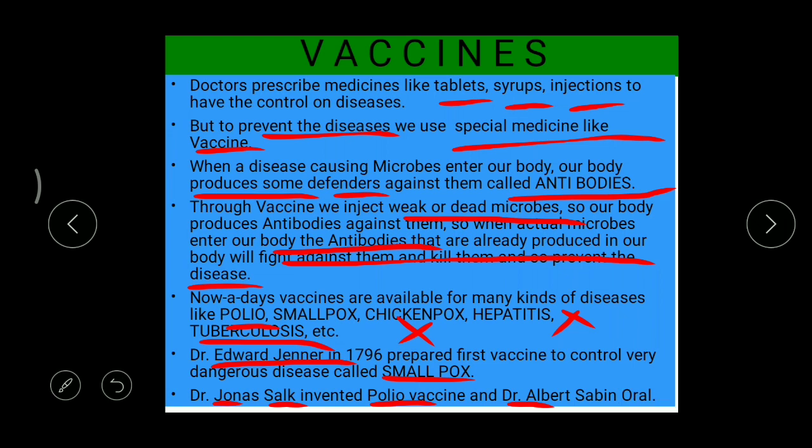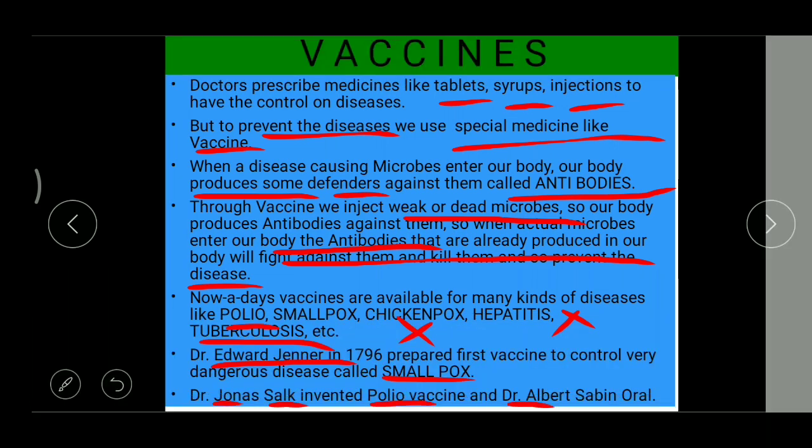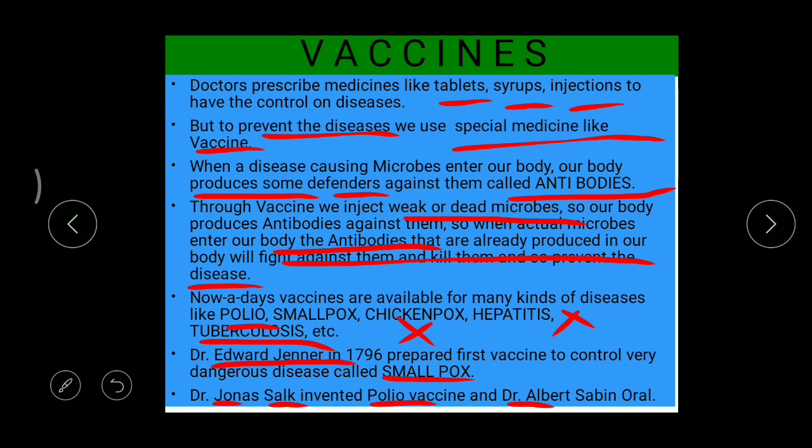Oral means what? Through mouth. As it is given through mouth, we call that the oral polio vaccine. So the oral polio vaccine is prepared by Albert Sabin, while Jonas Salk's is the normal polio vaccine. Got it? Okay.